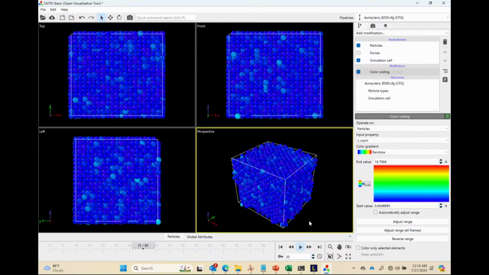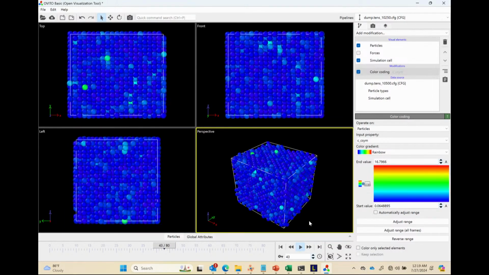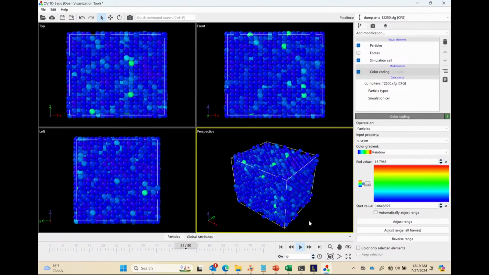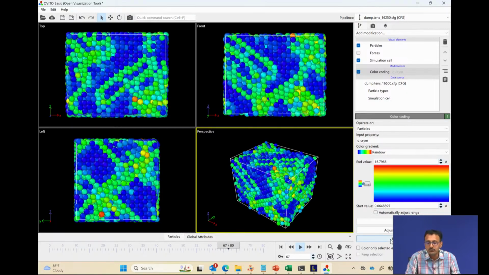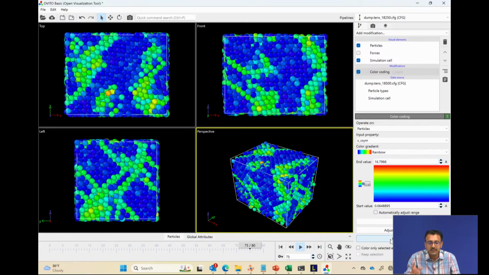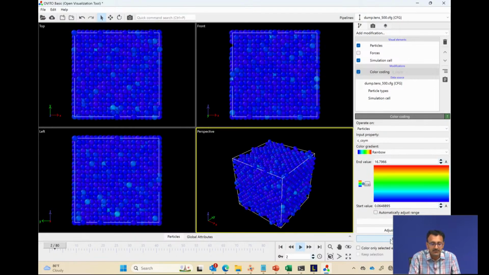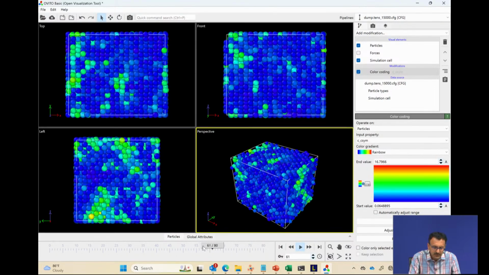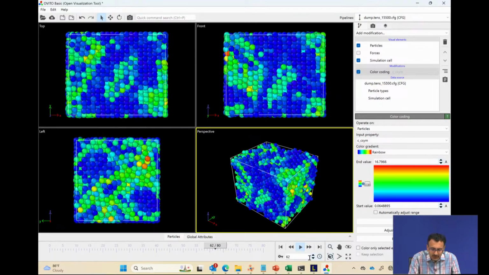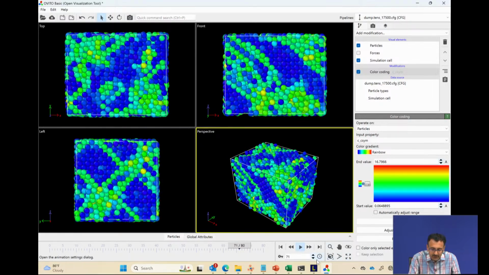So the centrosymmetry parameter is seen in the heat map. As we get started, the blue corresponds to a number that is close to 0, which is kind of capturing the FCC structure. But as the simulation proceeds, I'll slow it down a little bit.